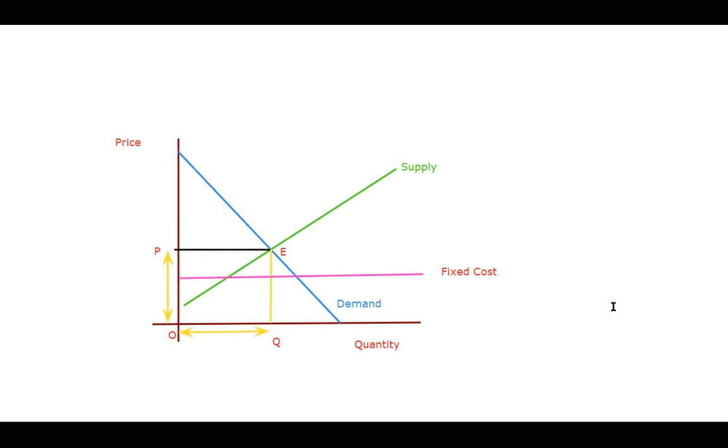Anyway, now let's draw the variable cost line. How the variable cost looks like. Variable cost will start from 0, because if your production is 0, costing is also 0 for variable cost. That's why variable cost will start from right here.